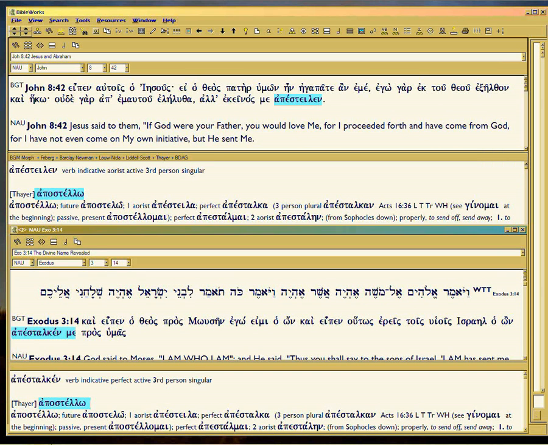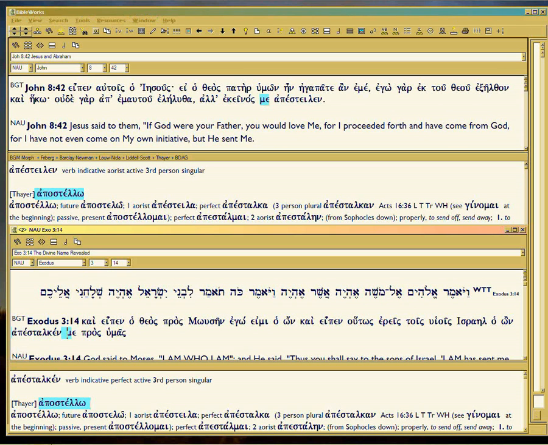Okay, we had left off where I said this was prolepsis, meaning that it's an emphasized position in the sentence instead of the normal. See, this is the verb apostellw, which we just saw, means to send, me. It's normally somewhat like in English: He sent me.